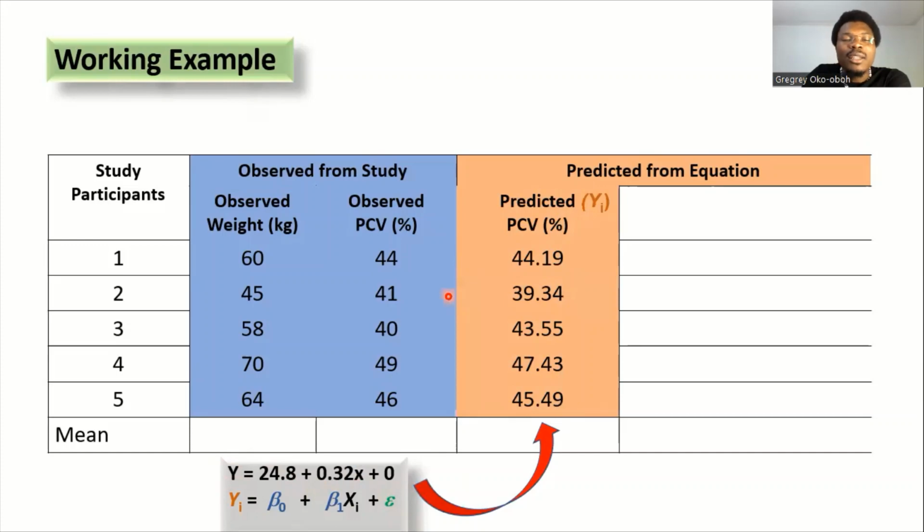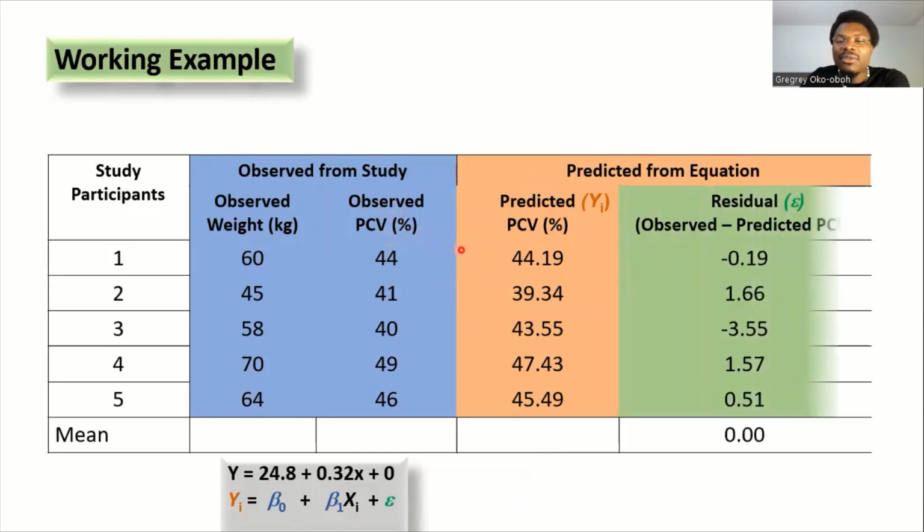So for the first individual here that has 44% PCV, the equation predicted that this individual on average should have 44.19%. So you notice quickly that there is a difference between the predicted PCV and the observed PCV. That difference is the residual or the random error term. And if you take the mean of this random error term, it should be 0, as we've earlier postulated.